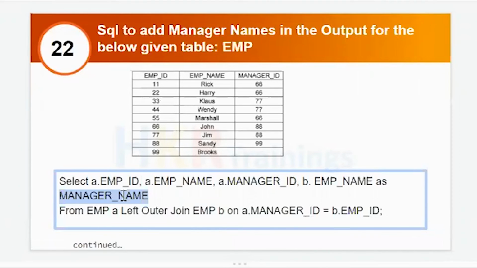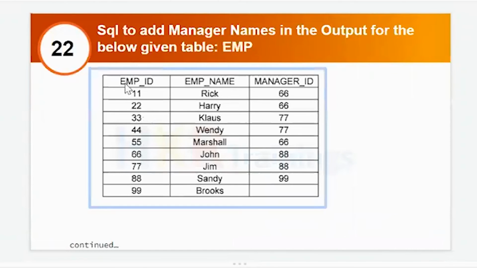So how do we do it? We use all these columns and then we say from employee A left outer join employee B on a.manager ID is equal to b.employee ID. So what have we done? We have created two tables out of it. If I go back to this table, employee ID, employee name, and manager ID, we had 3 columns.